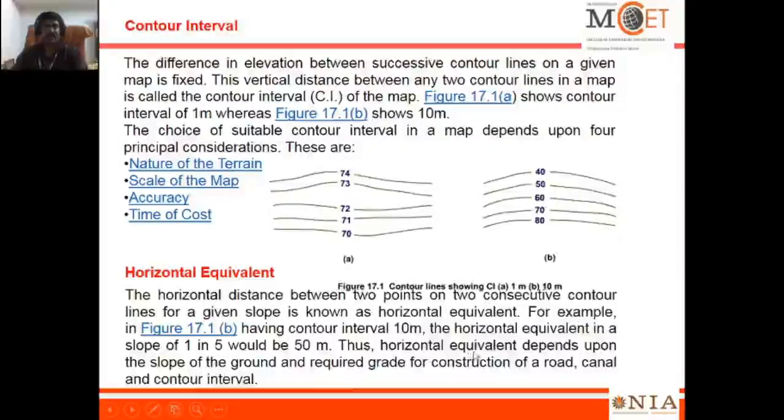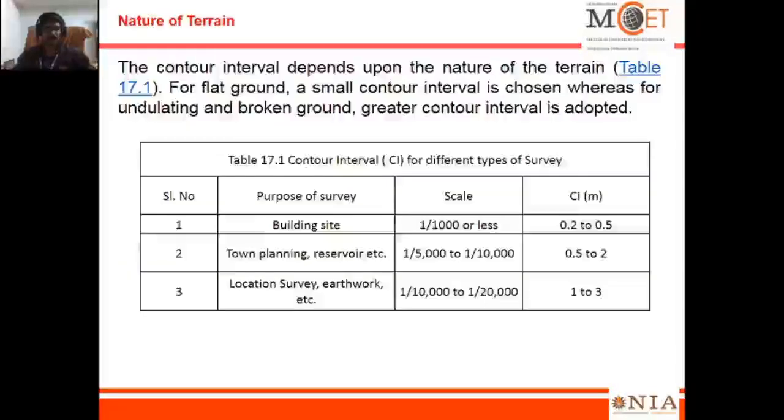So horizontal equivalent depends upon the slope of the ground, the required grade for construction of a road or canal, and the contour interval.